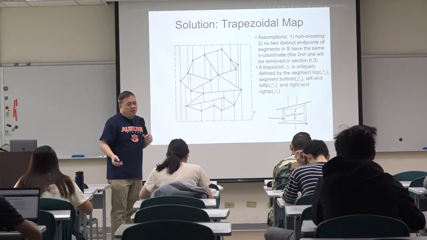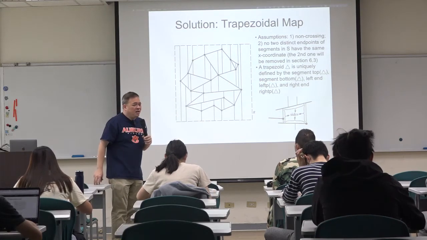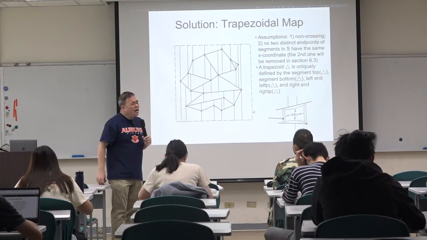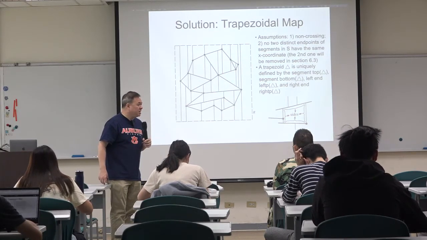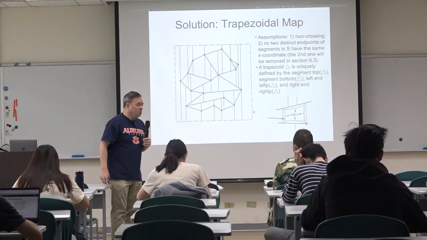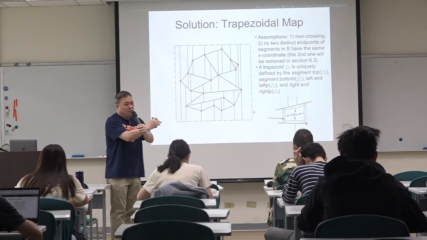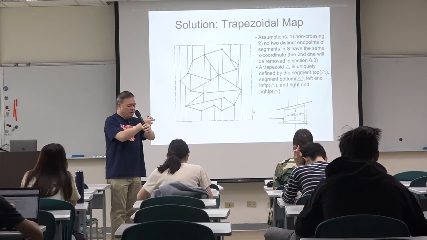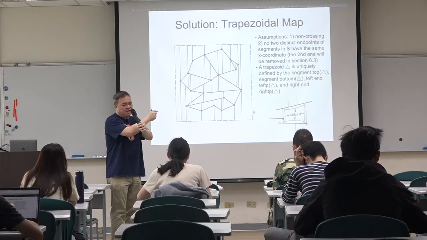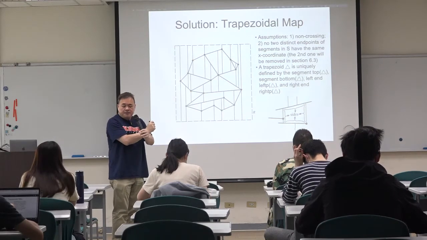In the doubly connected edge list, we are going to store your subdivision in that manner anyway. If there is a crossing, we are going to have a vertex at the intersection anyway, right?